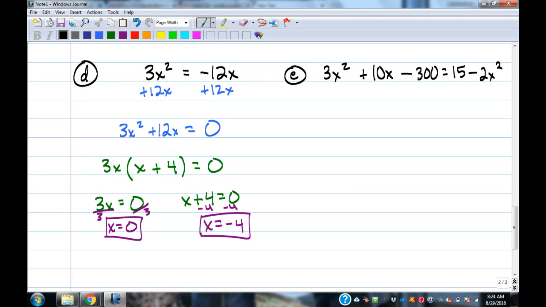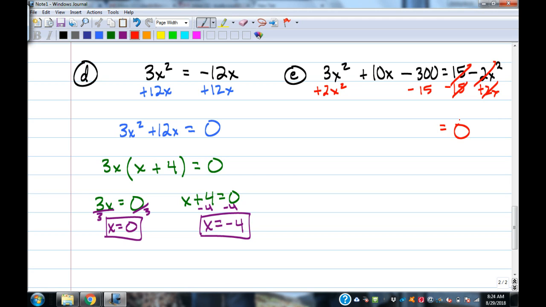So is it any harder than the other ones? No, it's just more complicated because there's stuff to do. That's what I'm trying to get across to you here. So what do we need to do with this one? Yeah, subtract 15 from the 300 and add 2x squared. I'm okay with you doing those two steps at once, because that's what gets you equal to 0.